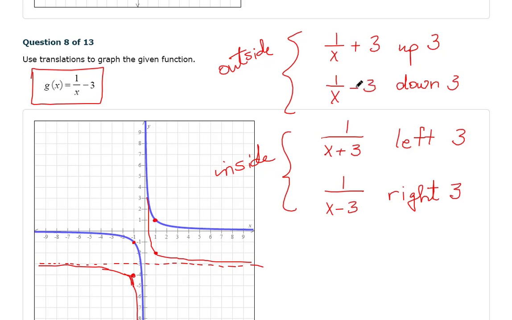If it's minus 3 on the outside, down by 3. If it's x plus 3, what makes it 0 is minus 3, so it would go left by 3. In this one, with the minus 3 down with the x, what makes it 0 is 3, so it would go right by 3. But in our case, down by 3.